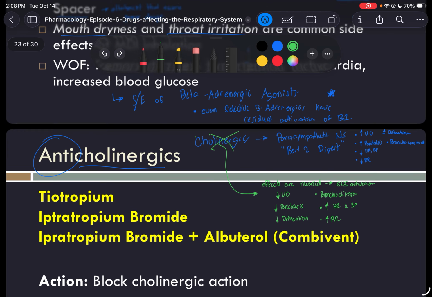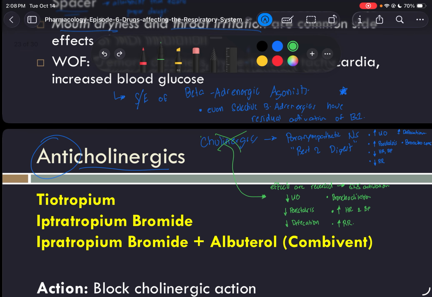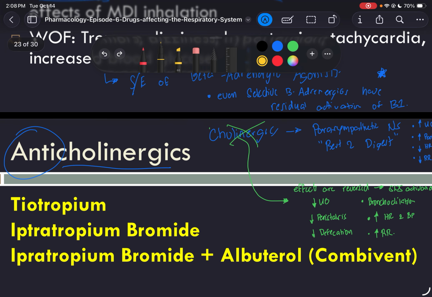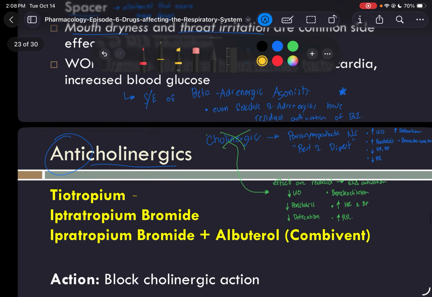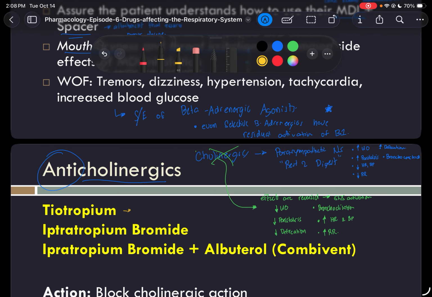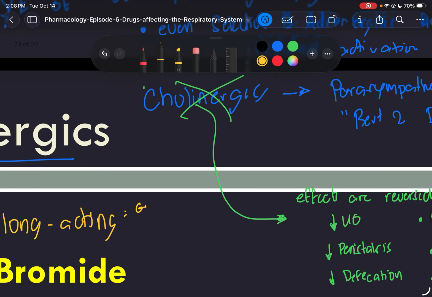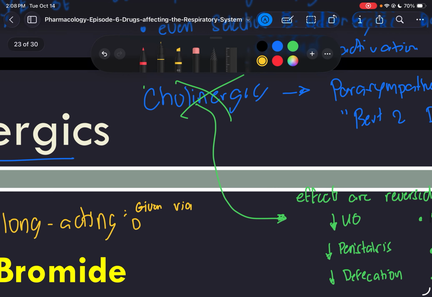And we have three. We have our tiotropium. The tiotropium class is long acting, and this is the important part: it is given via a dry powder capsule inhaler.